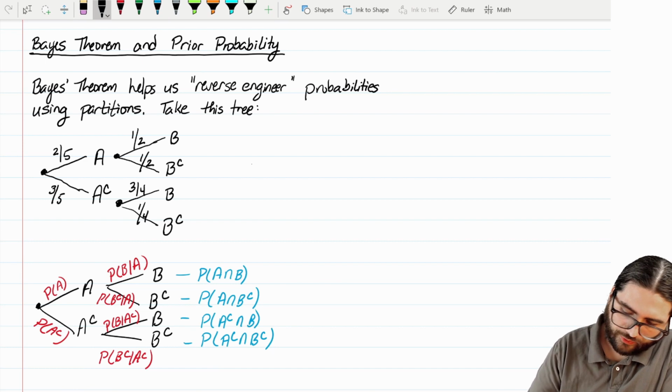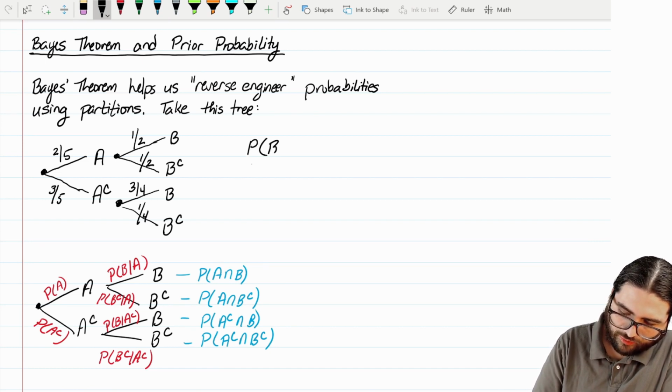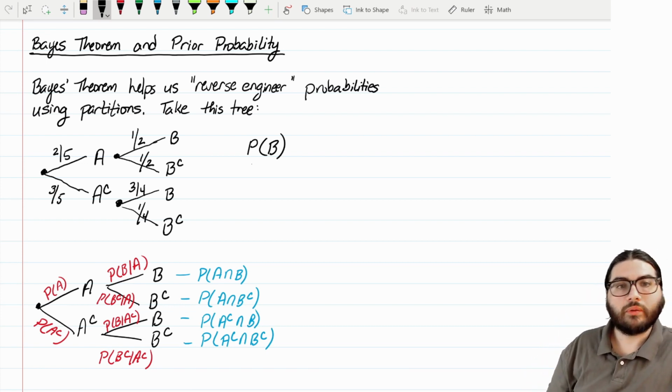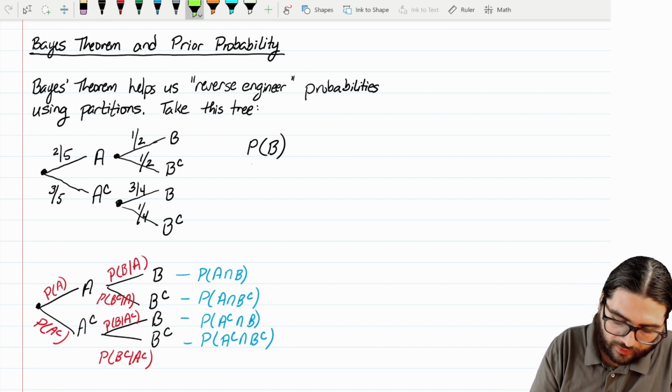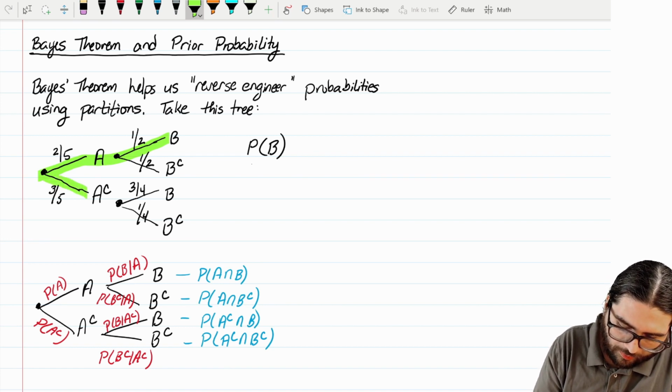Let's calculate a few probabilities here. So the probability of B. We said before that probability needs to be broken down into several possibilities. That is, this probability, the top path, and this probability, the lower path.